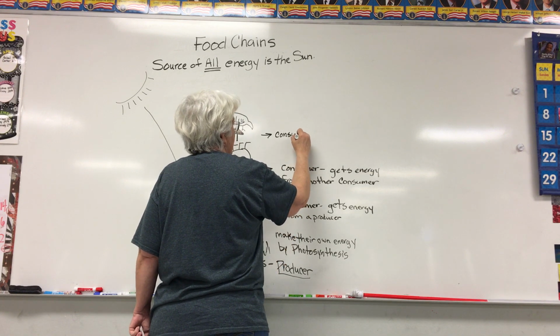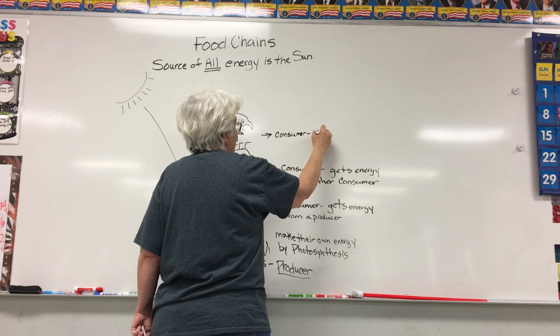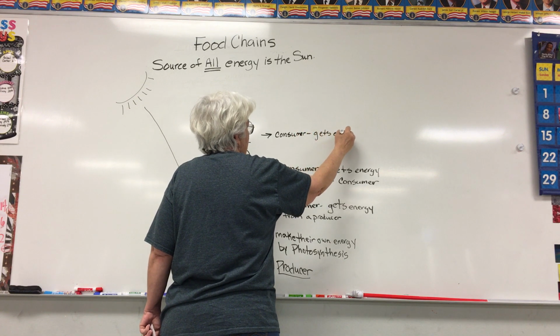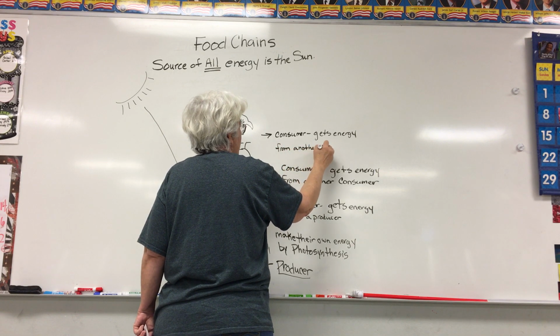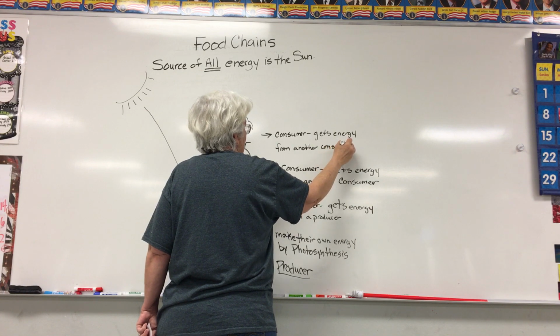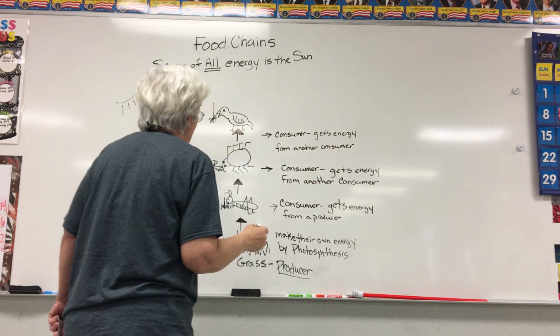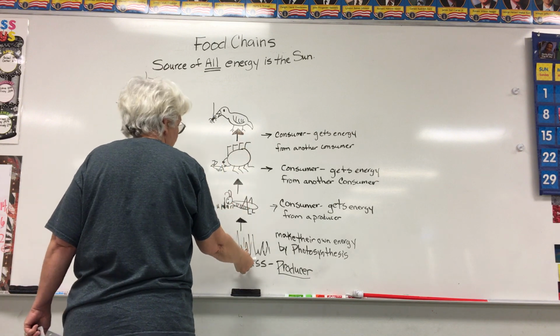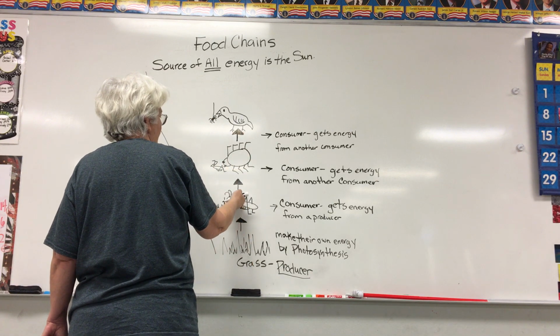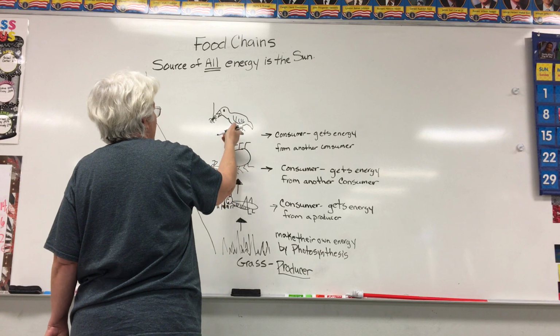So this consumer is getting the energy from another consumer. This is the flow of energy: it went from the grass to the grasshopper to the spider to the bird.